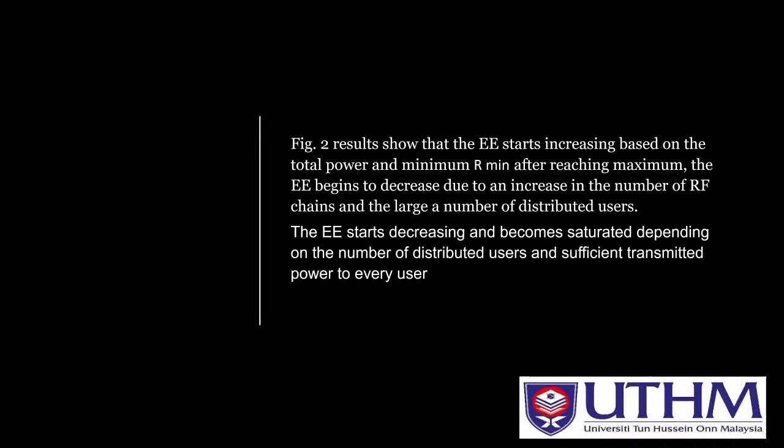Figure 2 also shows that the EE starts increasing based on the total power and minimum Rmin. After reaching the maximum, the EE begins to decrease due to an increase in the number of RF chains and the large number of distributed users.